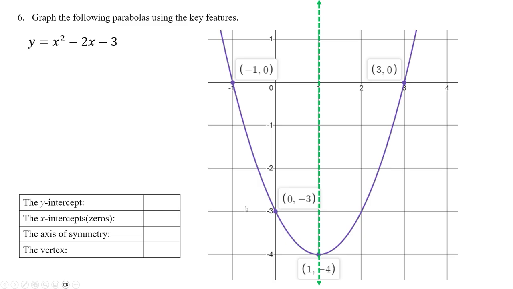Graph the following parabolas using the key features. y equals x squared minus 2x minus 3. The y-intercept is right here at negative 3. The x-intercepts are at negative 1 and 3.